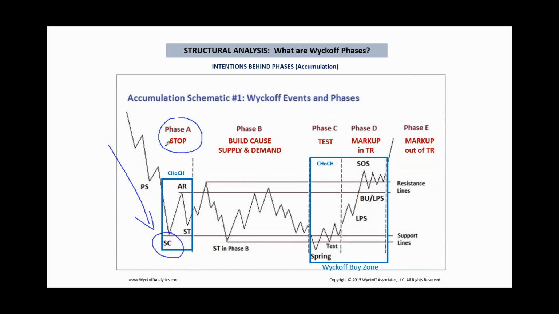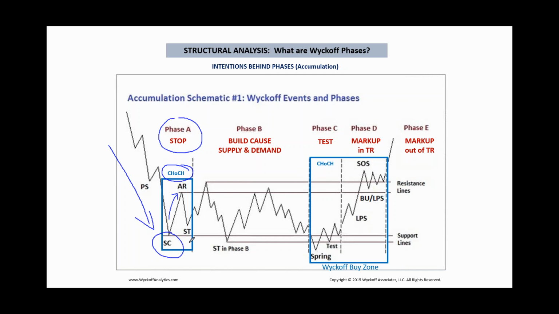And the stopping action is going to have three elements to it. Climactic action, which is going to be associated with a lot of big spread, high velocity, high volume. And then the next thing that's going to happen is the automatic rally. Automatic rally is going to happen as a change of character. This is going to be the largest rally on the last swing to the downside.